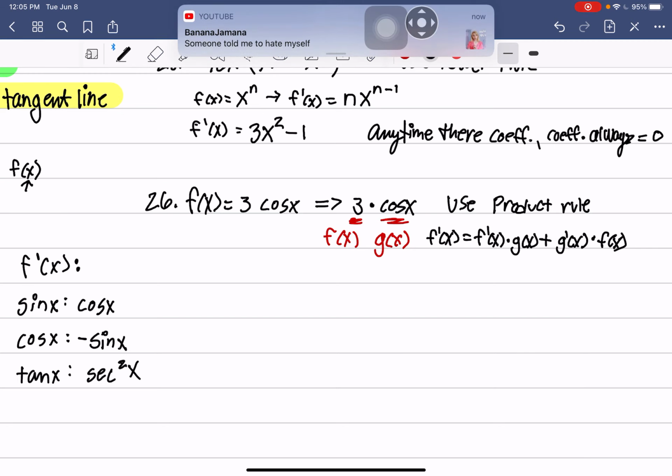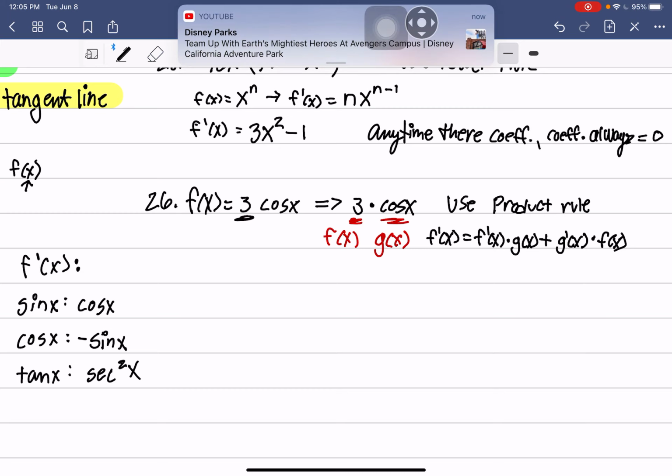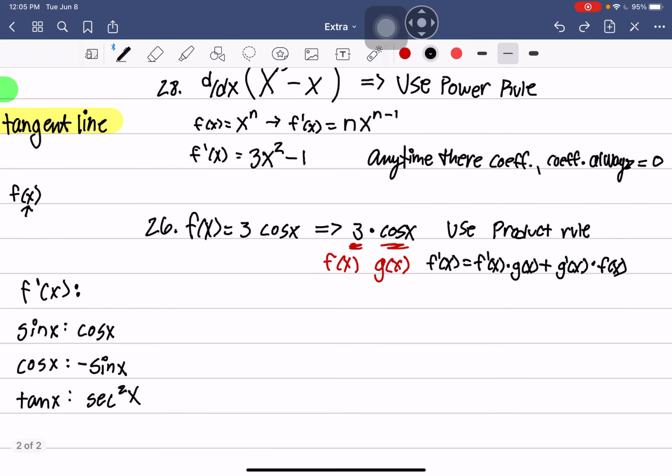So the derivative of f of x, which is 3. Well, remember what I said earlier? Whenever we're dealing with a constant, the derivative always equals 0. So we got 0 times g of x, that's just cosine of x, plus, we're going to flip it. So what's the derivative of g of x?